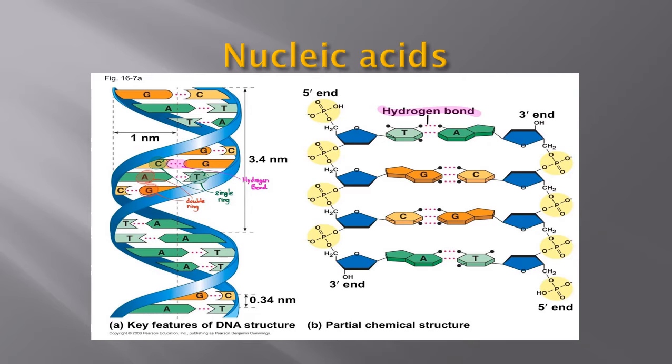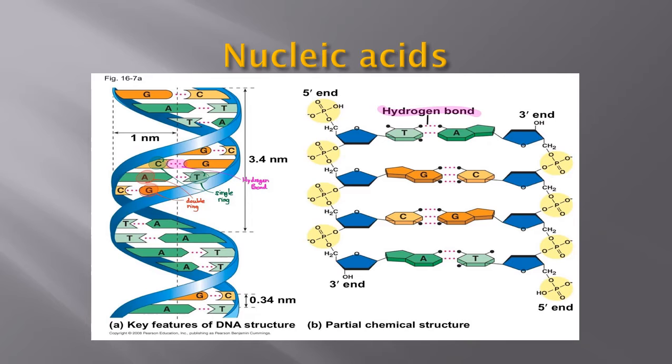Now the nitrogenous bases can be divided into purines and pyrimidines. The purines are adenine and guanine. They are larger molecules made up of double rings. While the pyrimidines are thymine and cytosine. Uracil also is there, but uracil is found only in the RNA. The pyrimidines are smaller and made up of single rings.